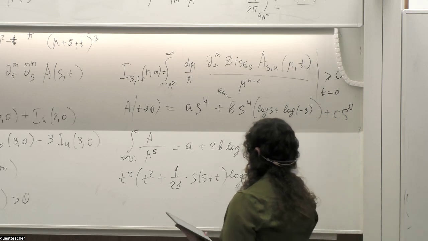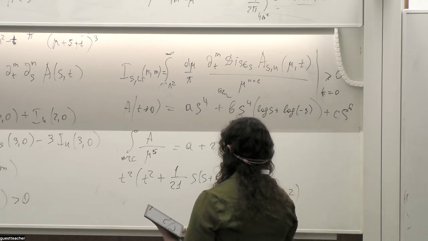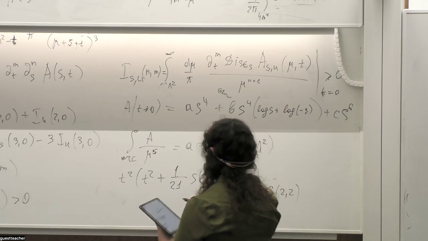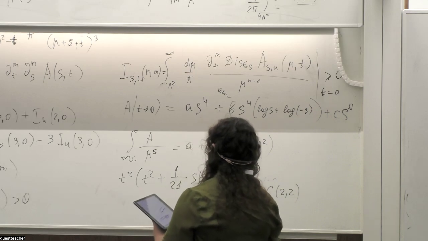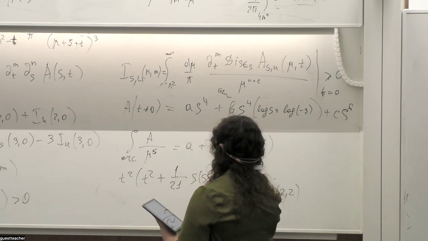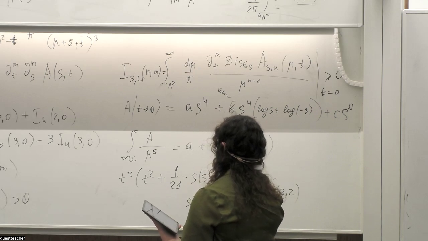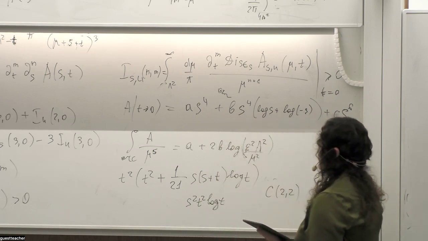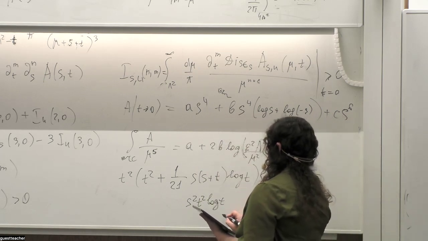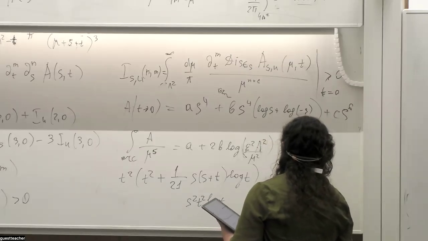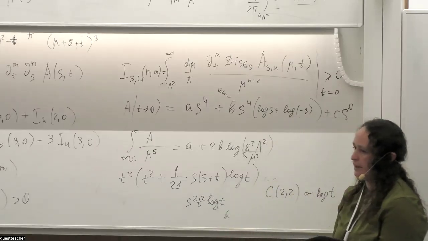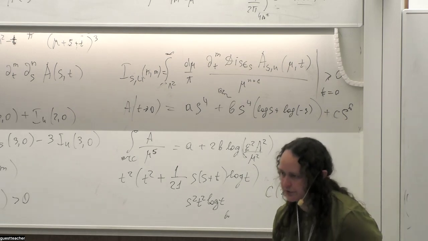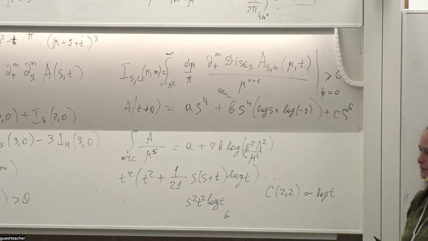The problem appears because I have a term which behaves as t squared log t. If I differentiate it twice with respect to t, I get basically log t. And then if I want to take t going to 0, I'm in trouble. It diverges and I cannot use the dispersion relation in this case.